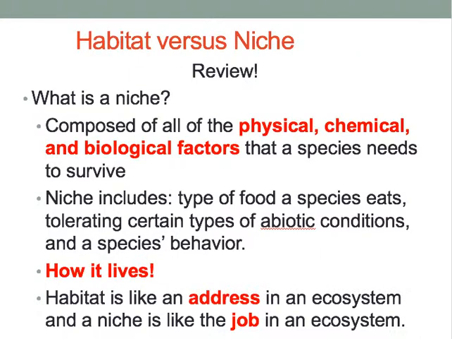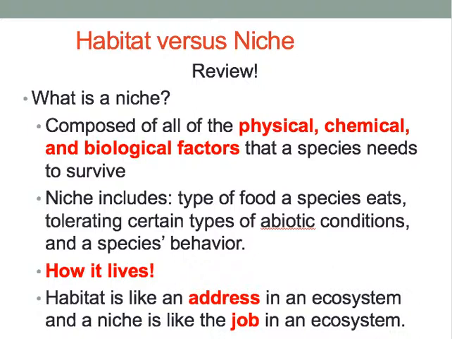The niche, remember, is the role that that organism plays within an ecosystem. It's composed of all the physical, chemical, and biological factors that a species needs to survive. It's going to include the type of food a species eats, certain abiotic conditions, the species' behavior, how it interacts with that environment.